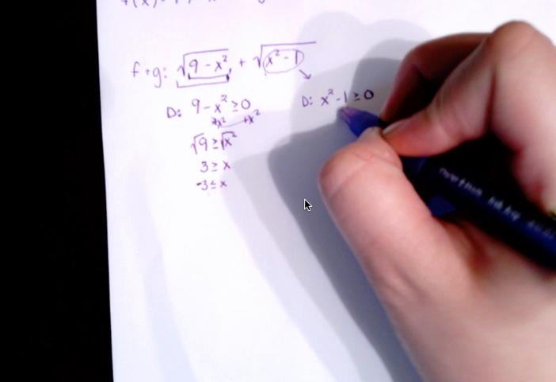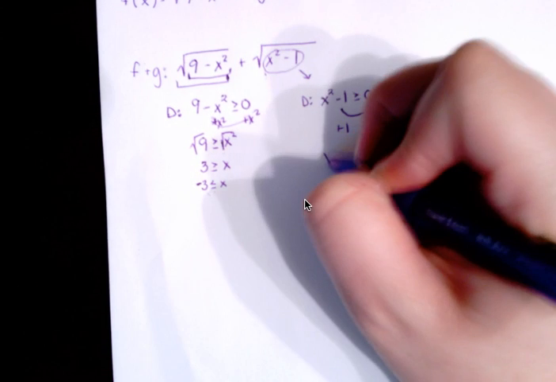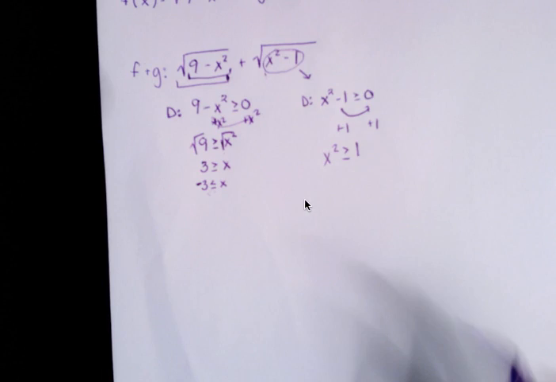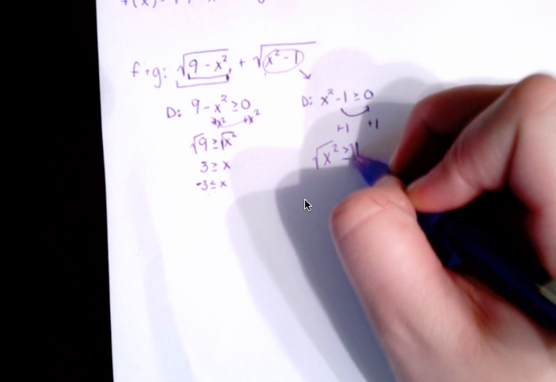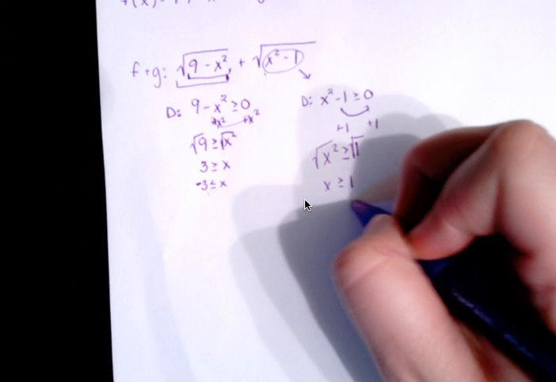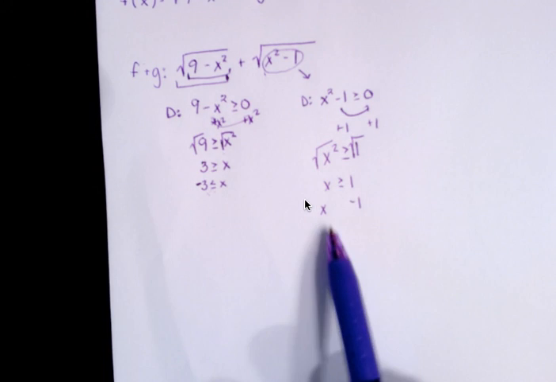Then here, to solve this one, I'm going to add over 1. So then I get x squared is greater than or equal to 1. And again, I'm going to take the square root of both sides. When I do that, I get the positive case, so x is greater than or equal to 1. Then I get the negative case, but you have to think, would x be bigger than -1 or less than -1?